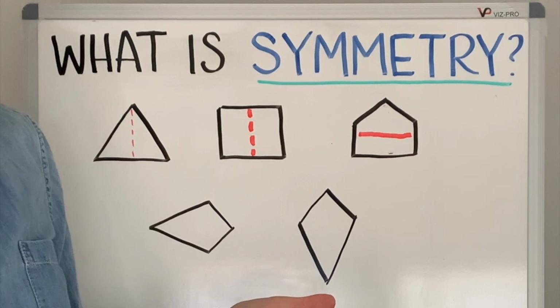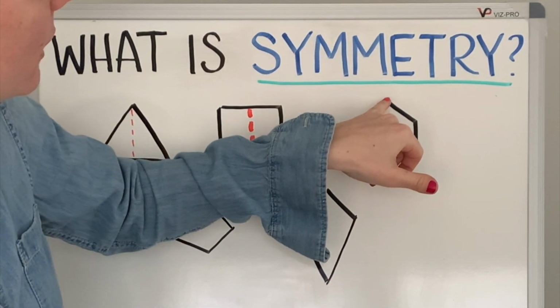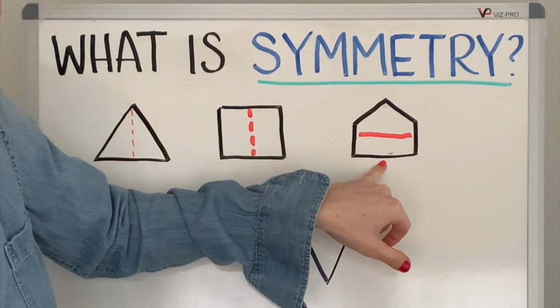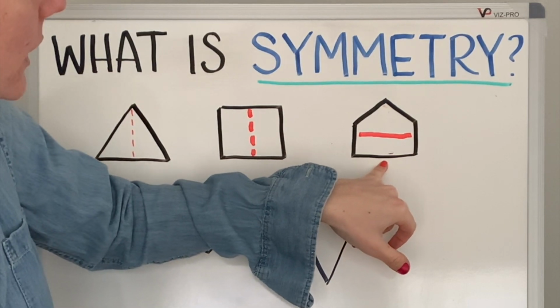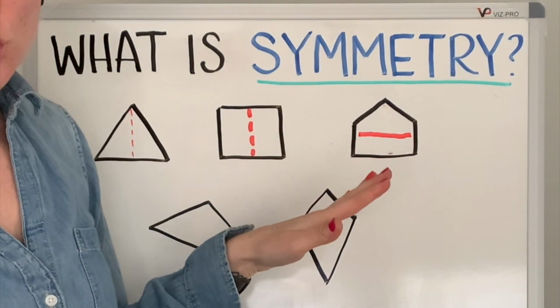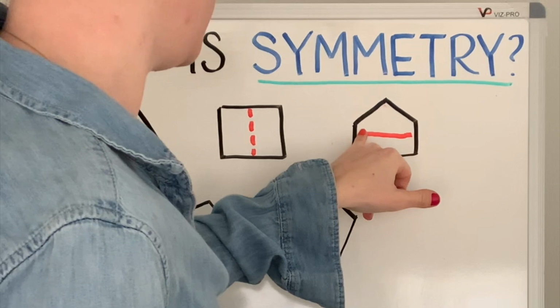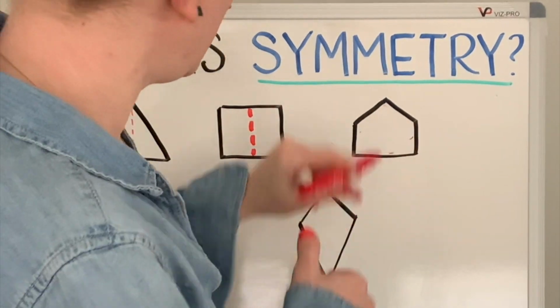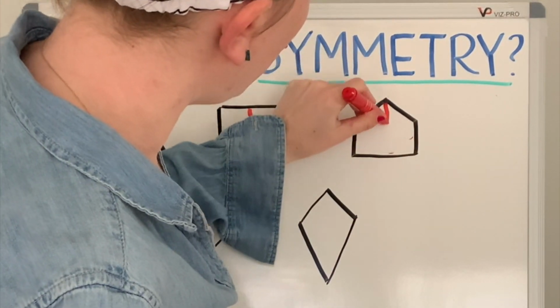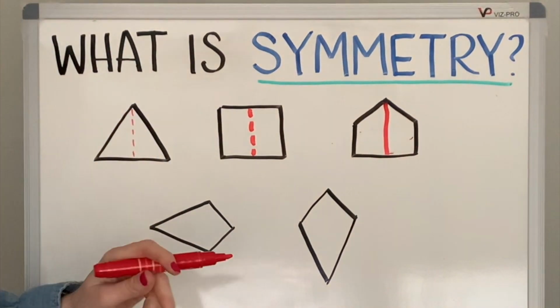The answer is no, because this part right here does not match up with this part right here. So that line of symmetry is incorrect. So we're going to erase that, and we're going to put that line back in right there.